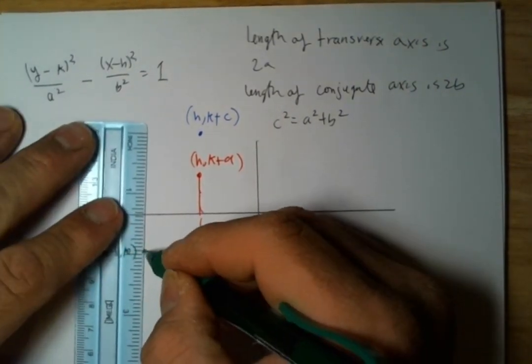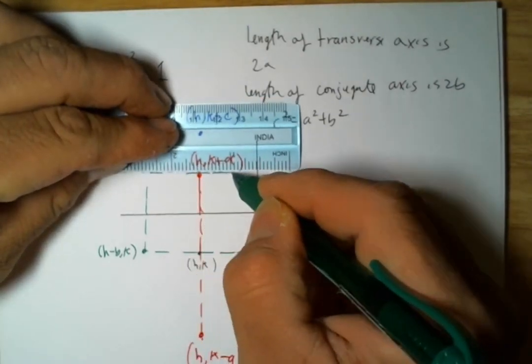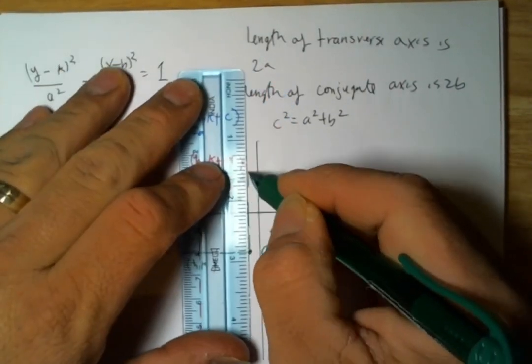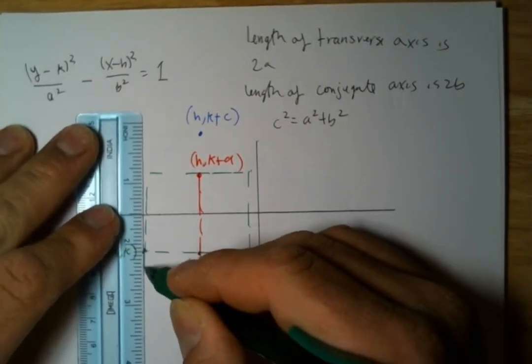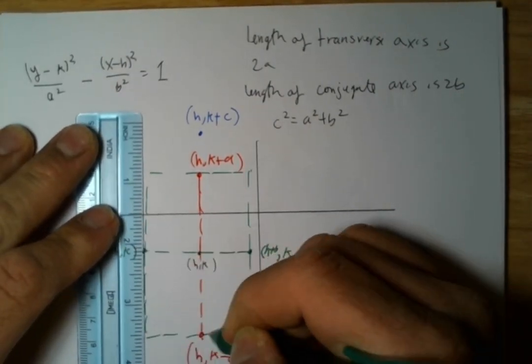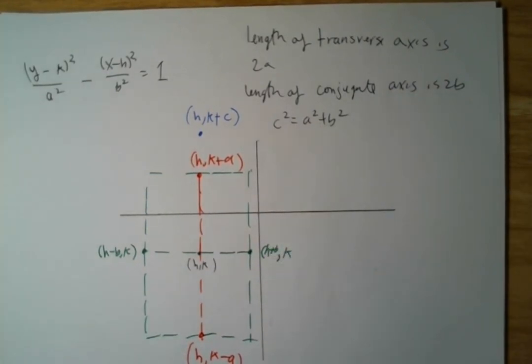Okay, we can create our little rectangle here, and we can draw in our asymptotes.